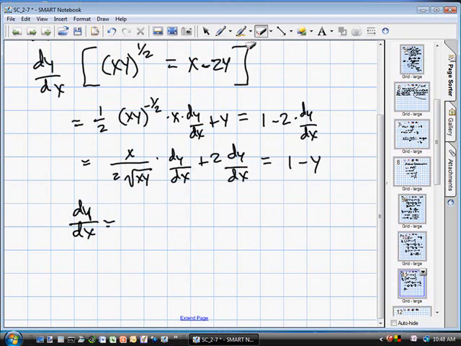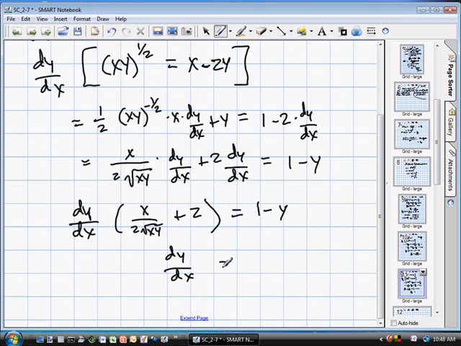Sorry, no equal sign. Times... and then, even though it's not complete algebraically, we can divide both sides.